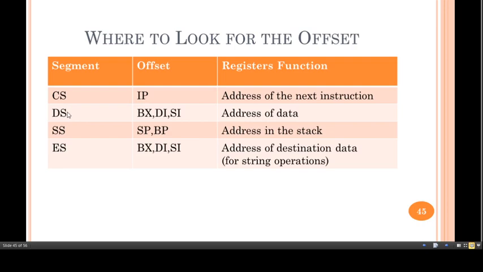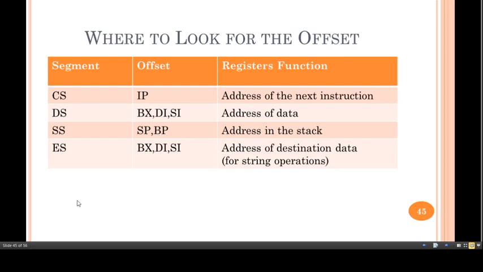Then DS. For DS, the default offset registers are BX, DI and SI, and these are used for the address of data. Then SS, the stack segment: the offset is represented by the registers SP and BP, the address in the stack.